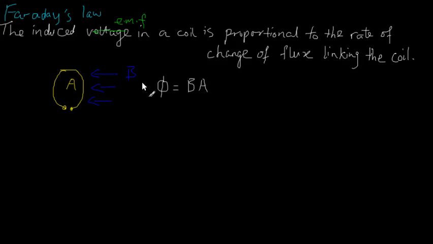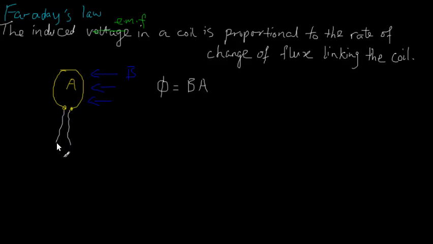And suppose that the magnetic field is changing in strength, then the flux would be changing, and a voltage or an EMF would be induced in the coil. Now I want to suppose that I can measure this voltage.